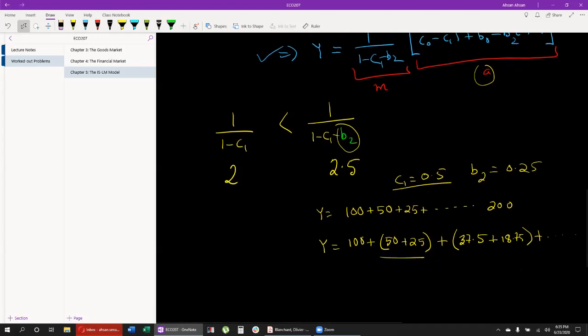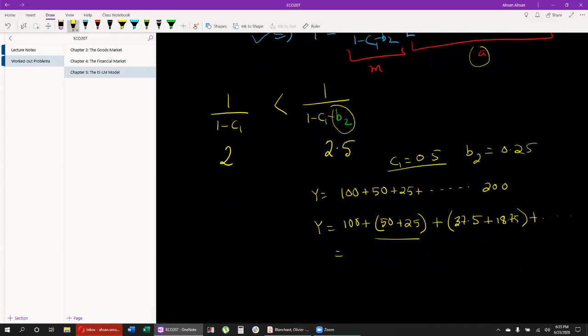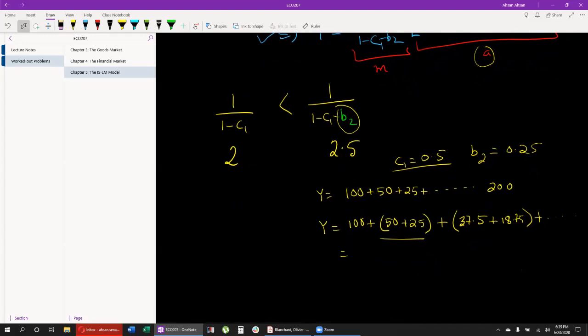So you see, what we have effectively done is by endogenizing the investment, we've made sure that out of however much income you make, you're going to save less. And not that you're going to save less and consume more, you're going to save less and invest more. And when you invest more, Y goes up. And if you add all of this up, I think if my calculation is not wrong, you're going to see that this is 400.